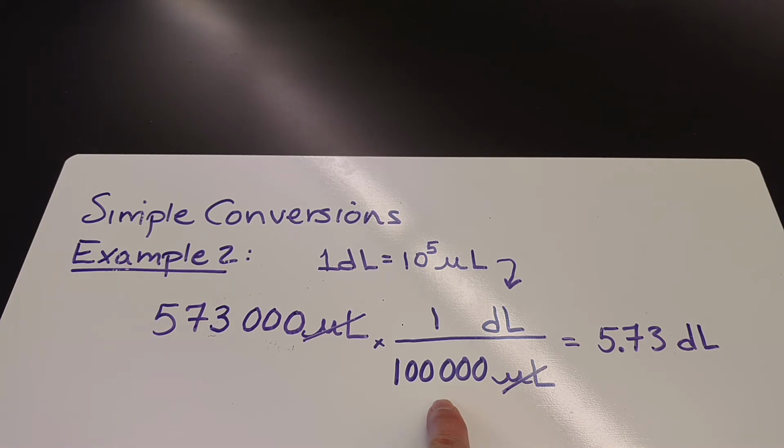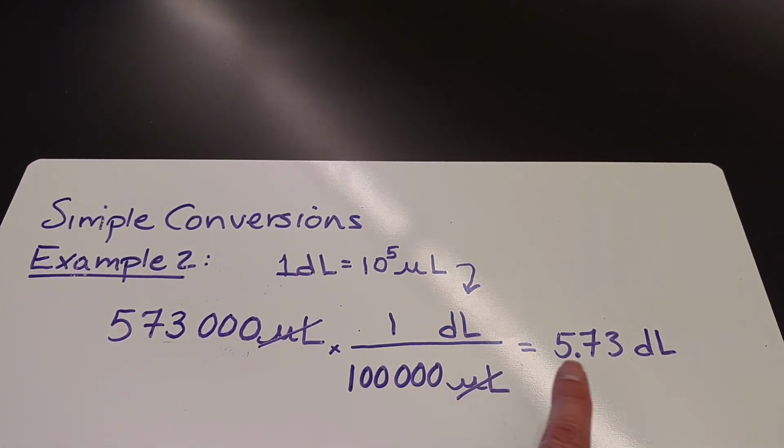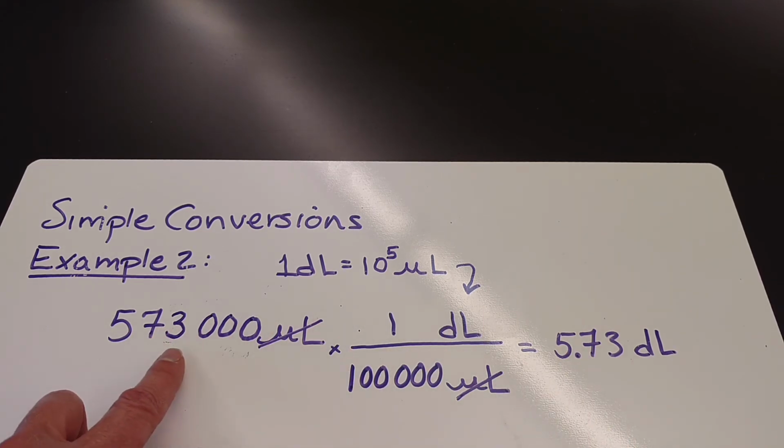There are 5 powers of 10 that separate microliters from deciliters, so that would be a 1 with 5 zeros, 100,000, or 10 to the 5th. We cancel microliters, end up in deciliters, and moving your pencil or doing the calculation on your calculator, 5.73 deciliters is the answer when we convert from 573,000 microliters.